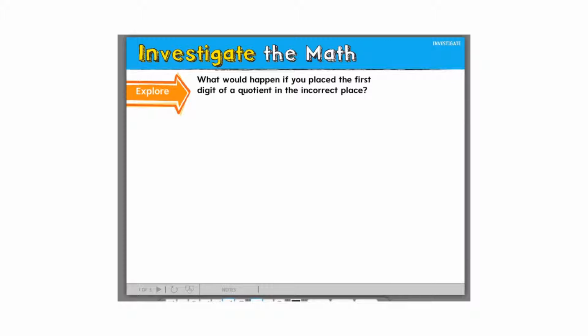Okay, here's another example. I want you to write this one in your notes. 286 divided by 3. So when I rewrite it, the 3 goes on the outside of the bar, and the 286 goes underneath. You write this in your notes.